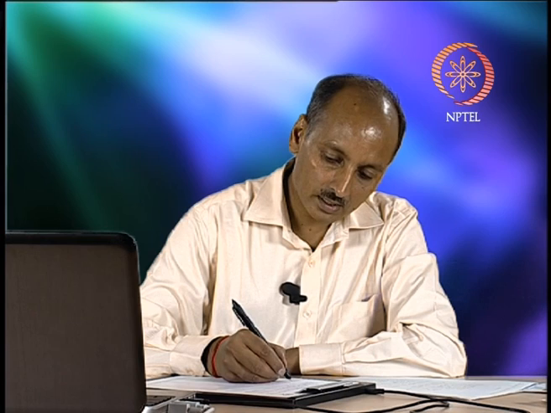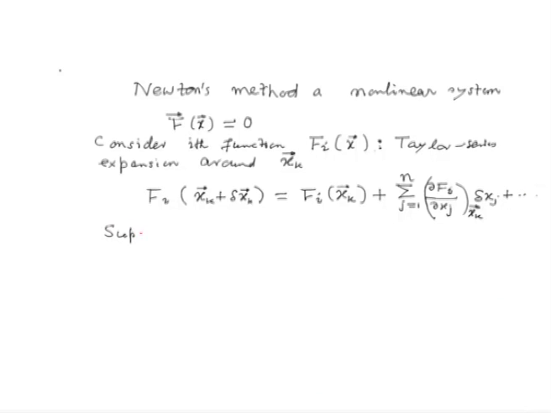So we will neglect the higher order terms, and let's suppose that xk plus delta xk represents the solution of, let us call it, equation 1.